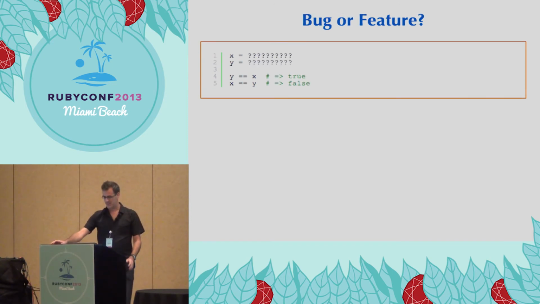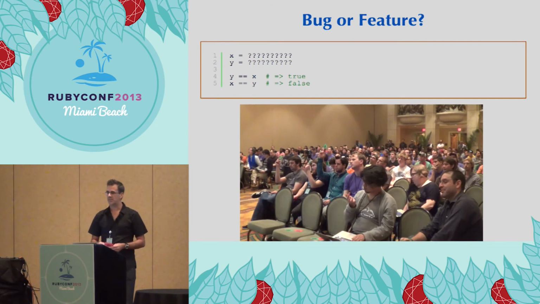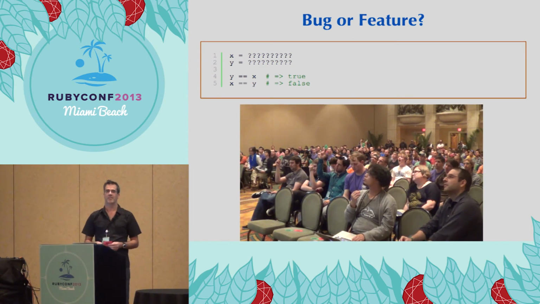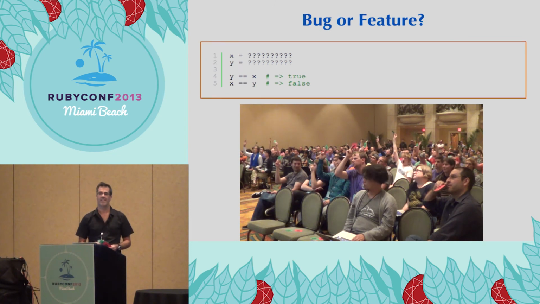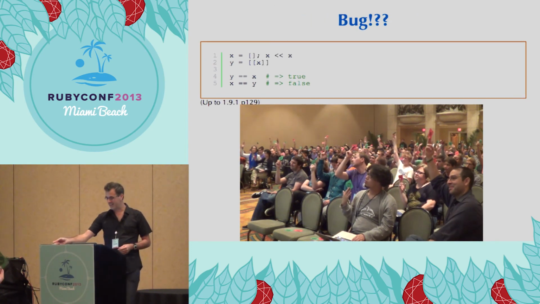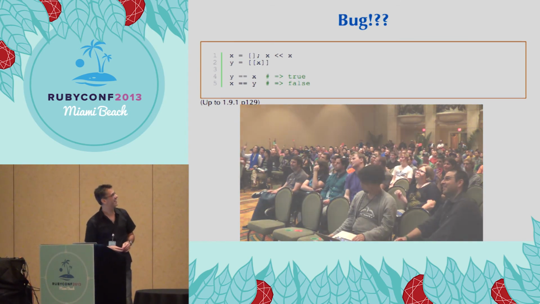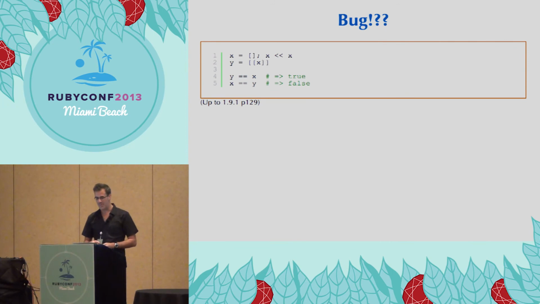All right. X and Y are some objects, and x is equal to y or y is equal to x do not return the same thing. Okay. Well, I'm putting big question marks here, and I'm cheating a little bit, because the question marks were replaced by actually two expressions.